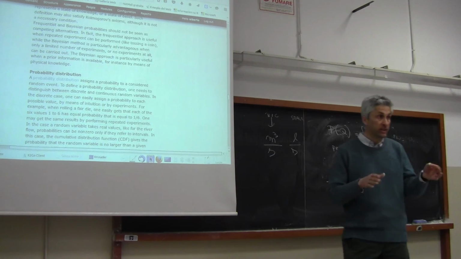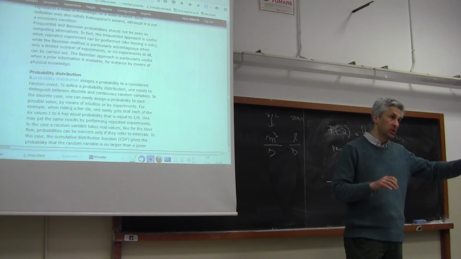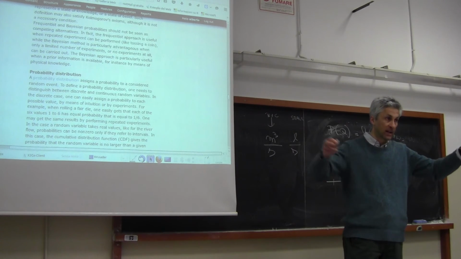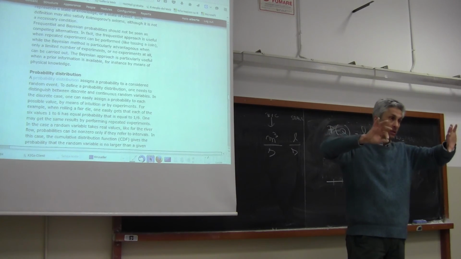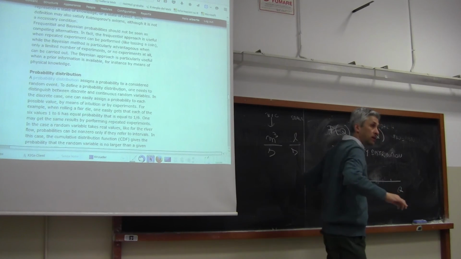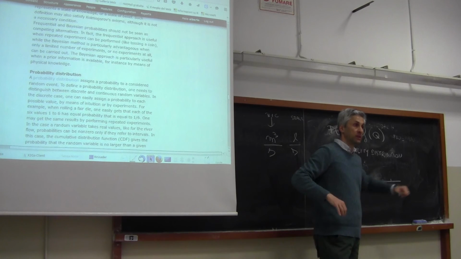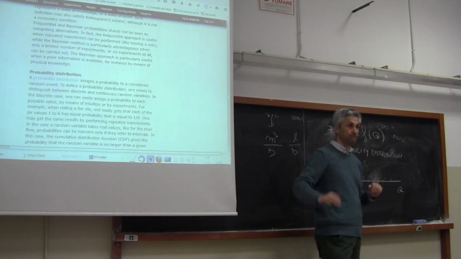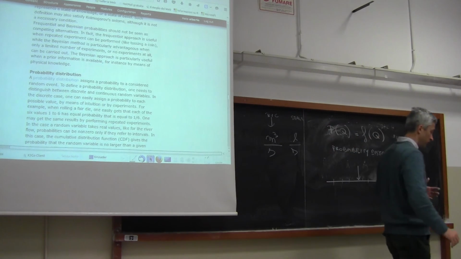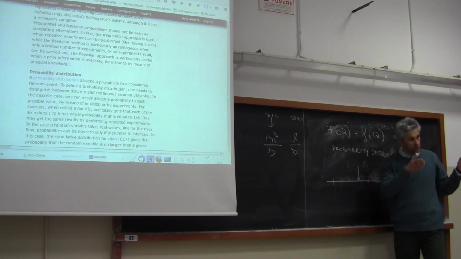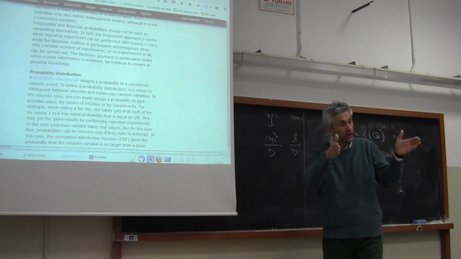And this is what I did when I considered the overtopping. I divided the real axis in two intervals. The lower one, no overtopping, and the upper one, overtopping. So this is the only way. So for continuous random variables, you need to divide them in intervals in order to count the outcomes.